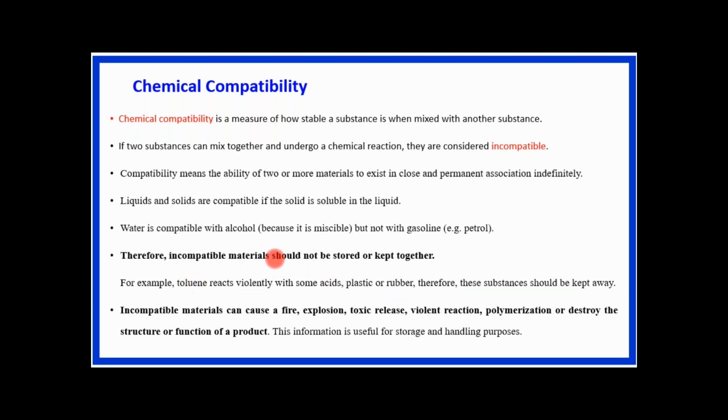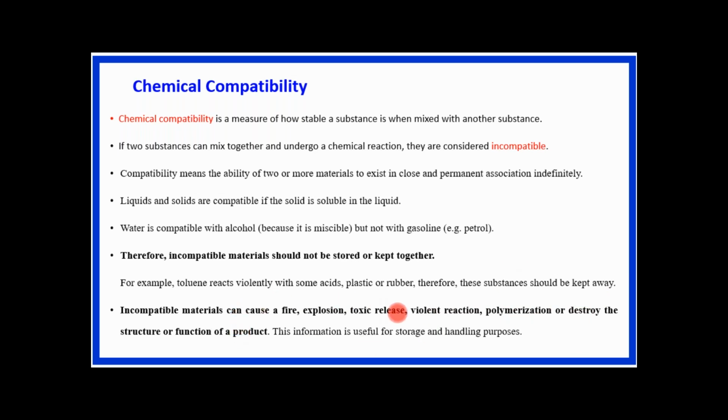So toluene is incompatible with these acids, plastics, rubber, etc. The result of this contact or chemical reaction may be in terms of fire, explosion, toxic release, violent reaction, polymerization, or destruction of the structure or function of the product.